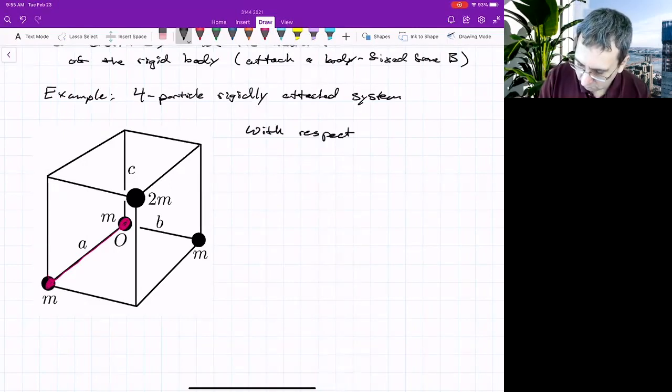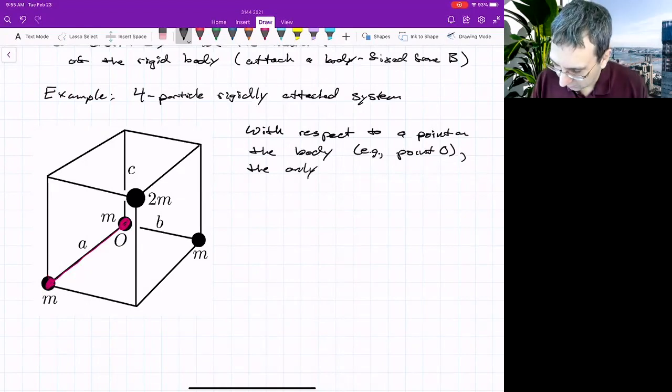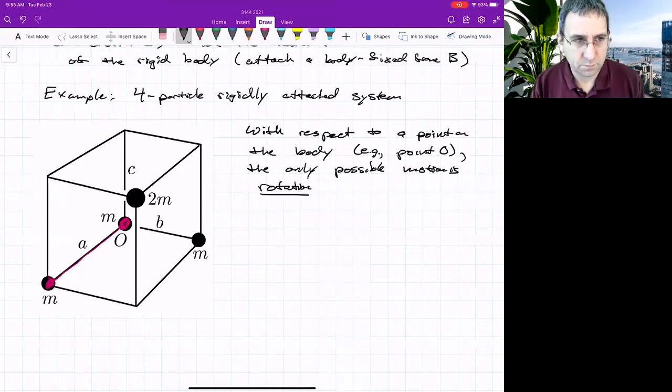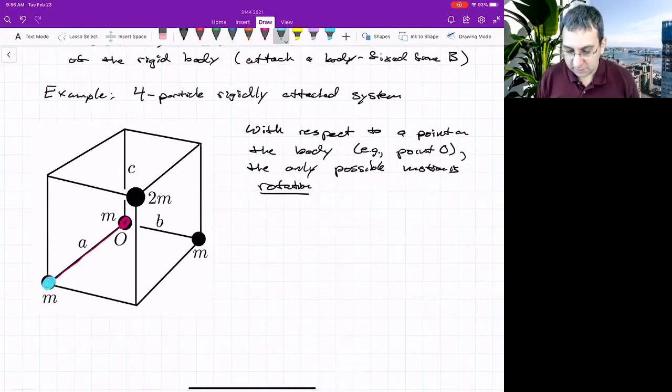With respect to a point on the body, for example, that point that we've called O, the only possible motion is rotation. So with respect to this point O, let's say this other point over here, maybe I'll color it blue, that can only rotate with respect to the point O. If you want, it's as seen from an inertial frame.